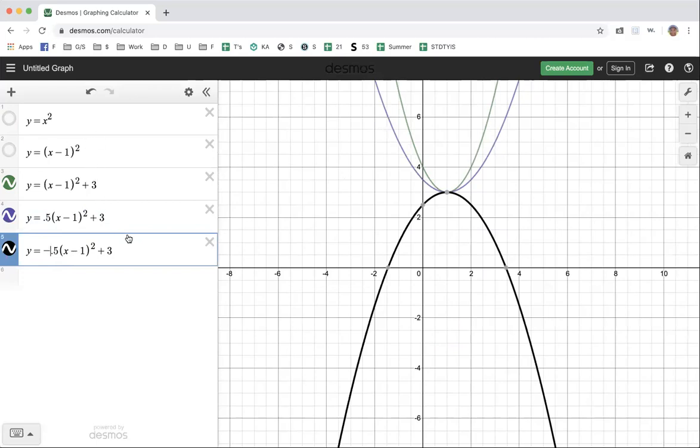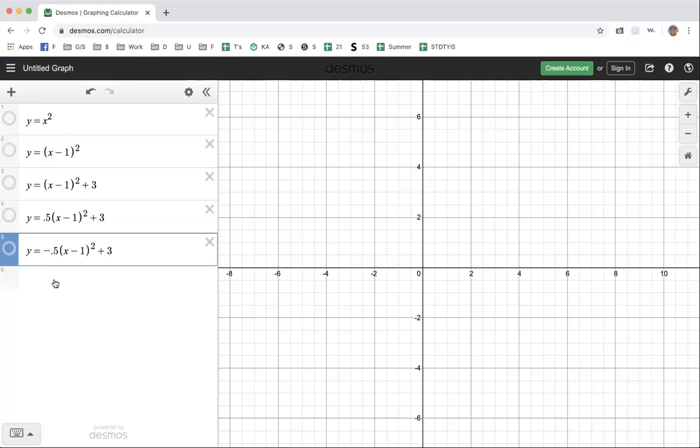Let me go back to one of the original ones. So we've got y equals x squared. Let's do that, that's a good number that's going to work here.